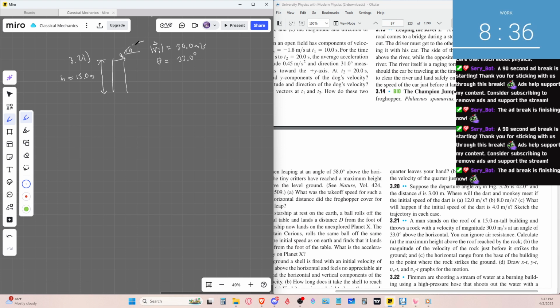Okay. You can ignore air resistance like typical. A, the maximum height above the roof reached by the rock. B, the magnitude of the velocity of the rock just before it strikes the ground, and C, the horizontal range from the base of the building to the point where the rock strikes the ground.